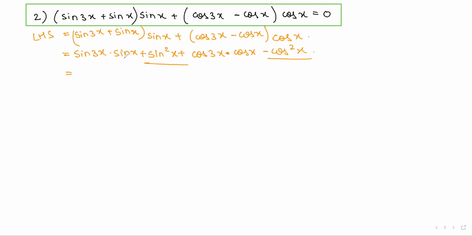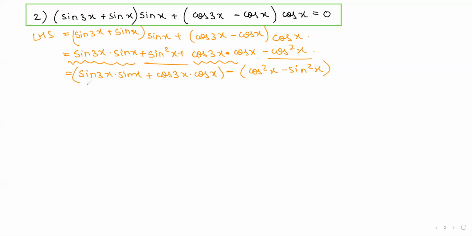You can merge these two terms and write them together: sin 3x into sin x plus cos 3x into cos x. Here you have minus common, cos square x minus sin square x. I've taken minus common.